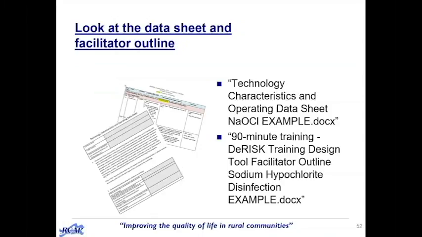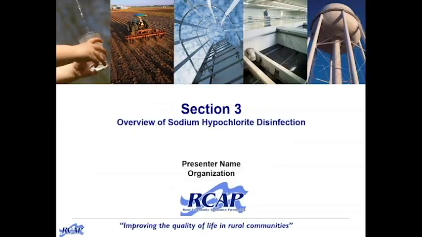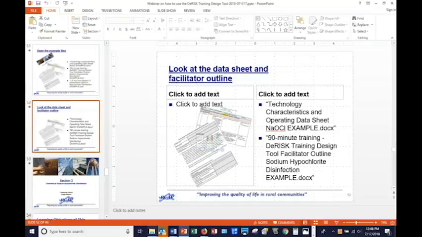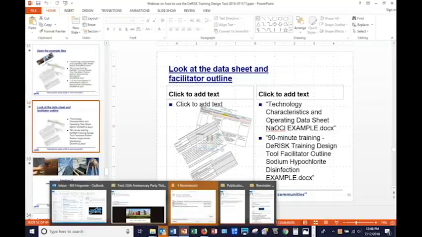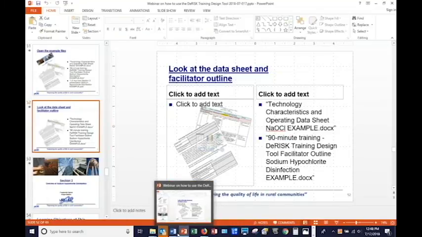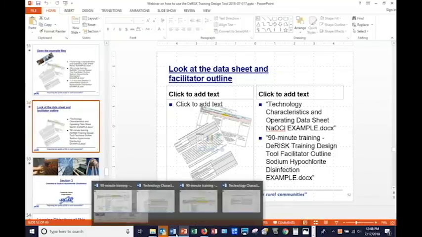The first thing we're going to do is look at the data sheet, and then we're going to look at the facilitator guide. And these are the 2 that are over there in the handout piece. So let me go ahead and open up those files for you. And so let's see, here we go.